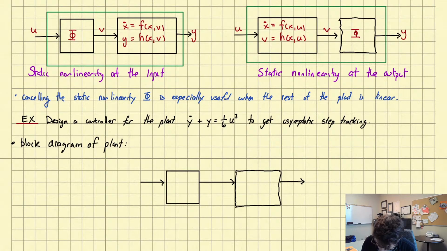The input is U, the output is Y. Let's call the intermediate signal V, just as we did above. And what do we have? Well, the nonlinearity here is phi of U equal to 1/3 U cubed. That's coming from the right-hand side of the differential equation. And then what's left is an otherwise linear system. So it's like the picture above, but in a special case where what's left actually happens to be linear.